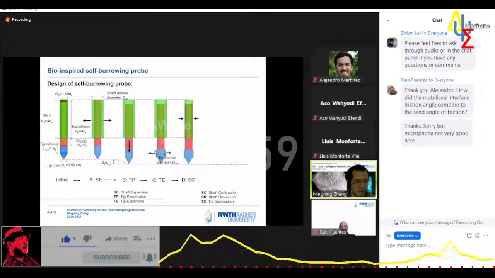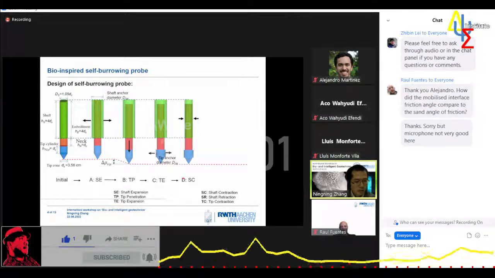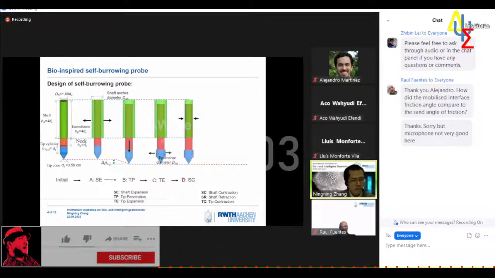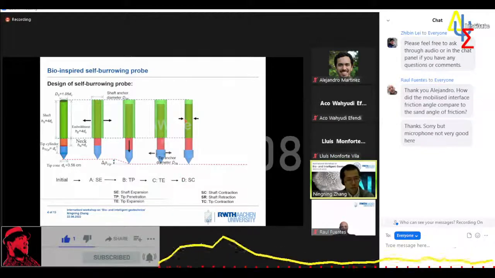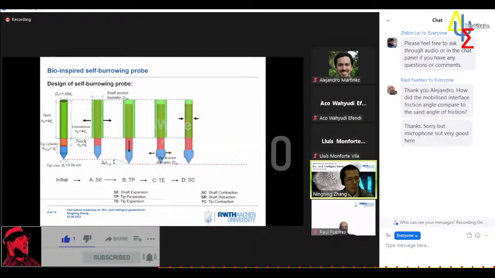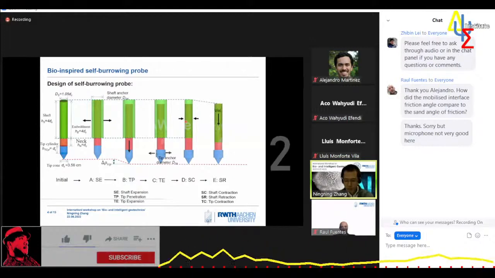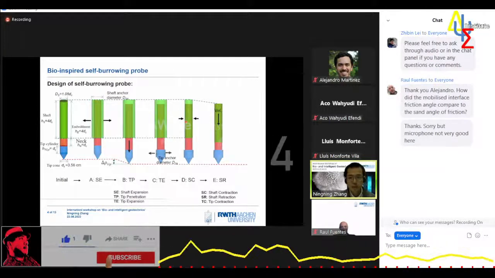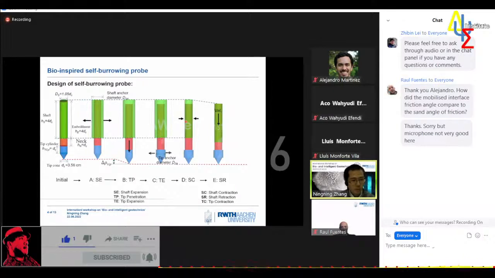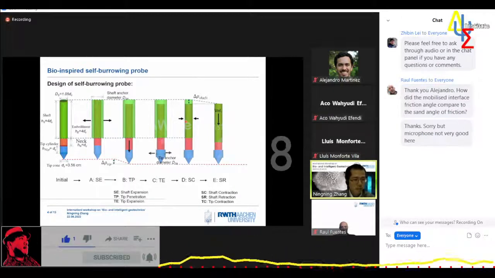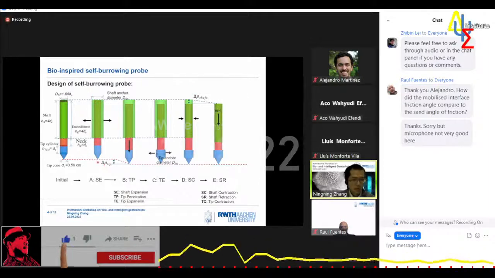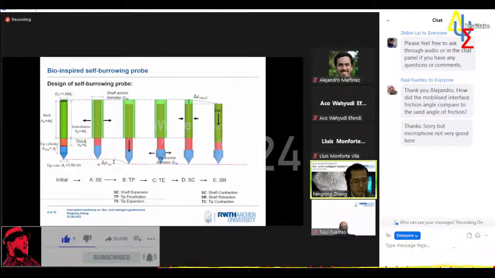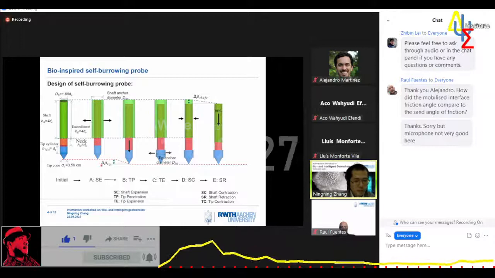In step D, shaft contraction, the shaft contracts back to its original size. Then in shaft retraction, the shaft is retracted downwards through a distance of delta z shaft, which is equal to delta z tip, the penetration distance obtained in step B.